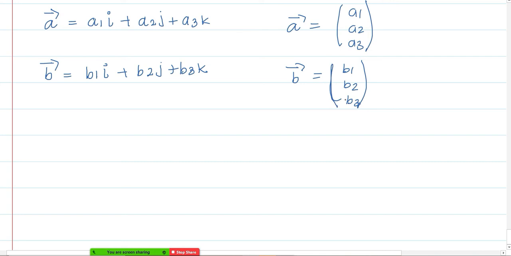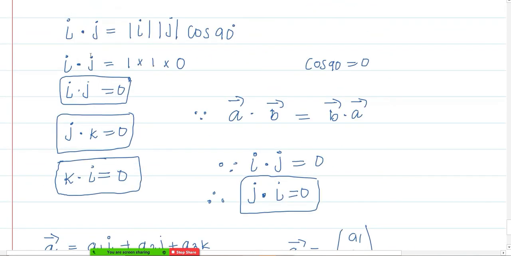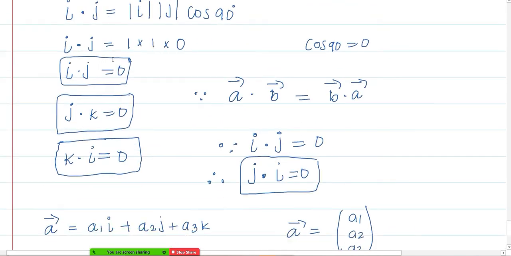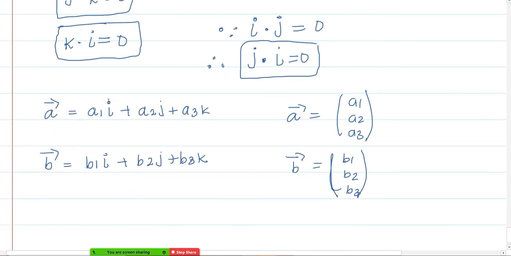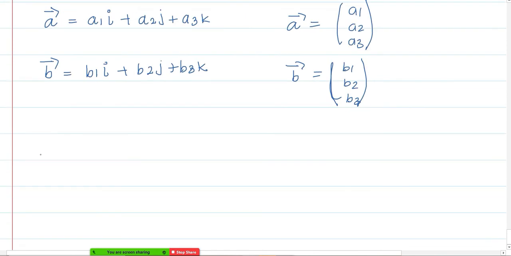Here I am taking the i, j, k component form because we already know the results of i dot i, i dot j. These results we are going to use when multiplying these two vectors, and we are also going to use the distributive property here. Let us do the dot product of these two vectors.